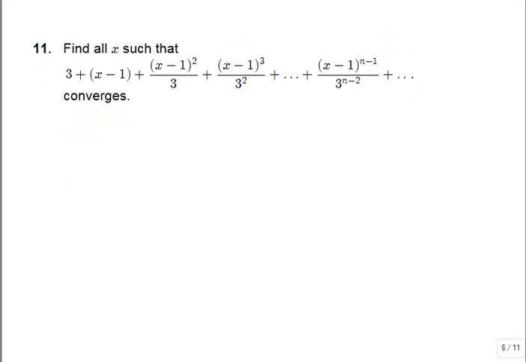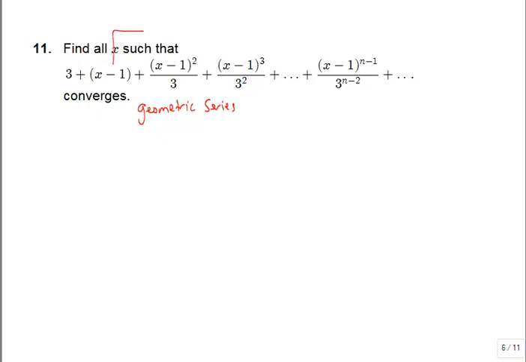Number 11, find all x such that this sum will converge. So what you want to recognize here, and the only way we're going to be able to do this, is to recognize that this is a geometric series, because we are multiplying by the same common ratio each time. What am I multiplying by each time to get the next term?